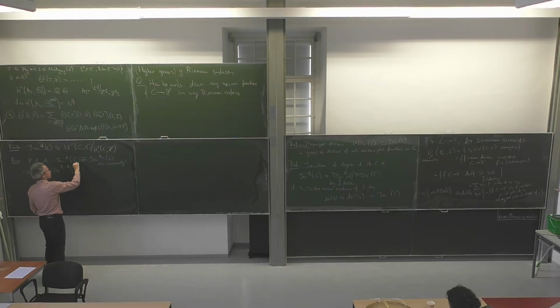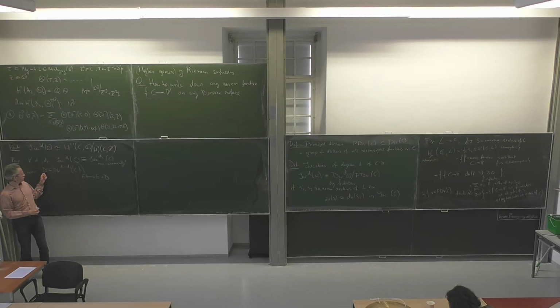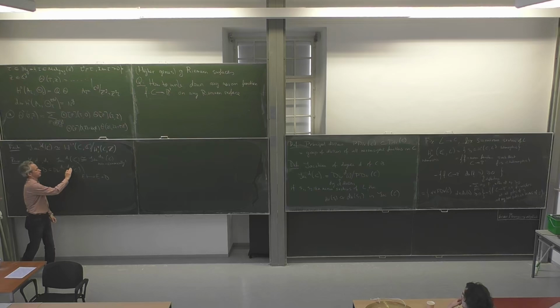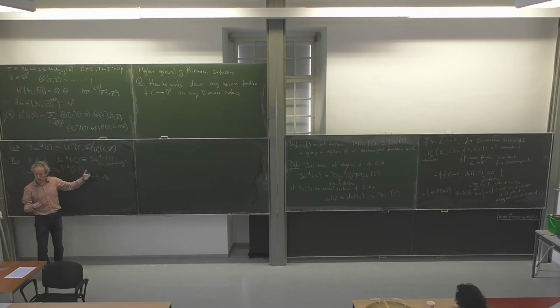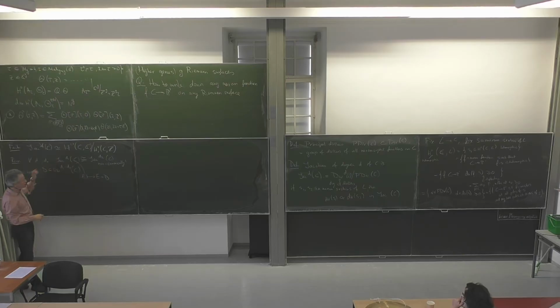And if you take a divisor, I'm running out of letters, E here, you just send it to E plus D. You just fix a divisor whose degree is the difference of these two degrees, and you add that to all divisors of degree D1. You'll get divisors of degree D2. Claim: this is an isomorphism, because I can tell you what the inverse map is. The inverse map is subtract the divisor.